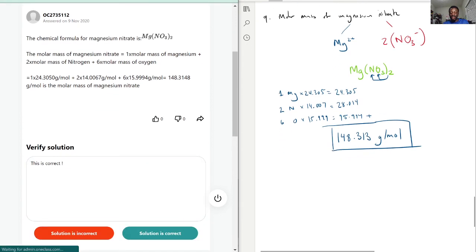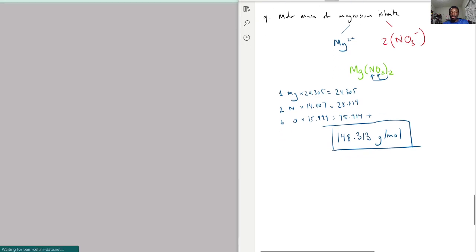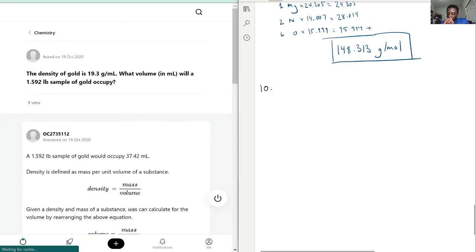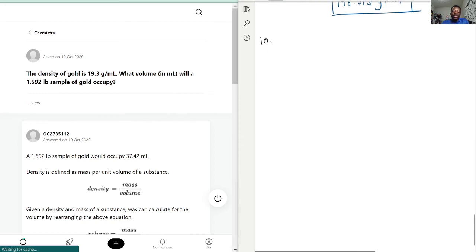So now let's move on to question number 10. So we have density of gold is 19.3 grams per mil.